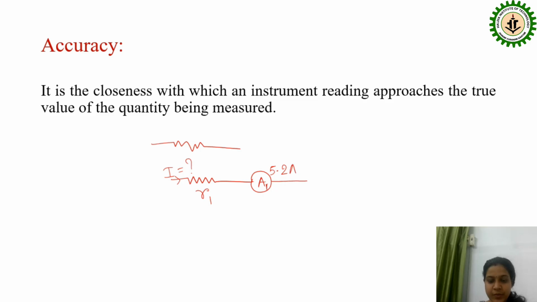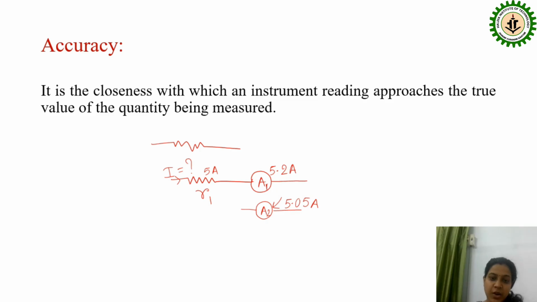5.2 ampere, whereas let the current which is actually flowing through this R1 be 5 ampere. Similarly, for this measurement we are going to use another ammeter, let it be A2, and for this A2 ammeter the value is coming 5.05 ampere.